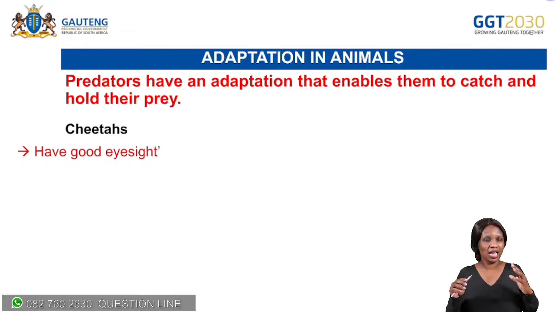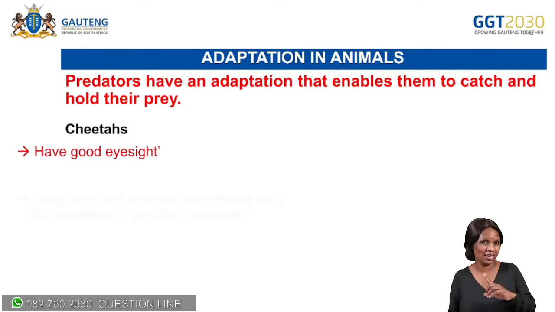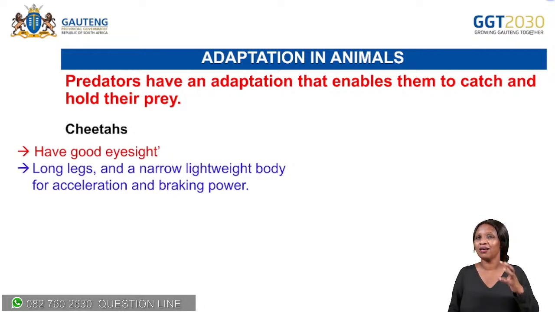And they've got a long tail for braking power, all right? And then they hunt during the day, and then we can see the black spots on its eyes and the black lines. Why? Because they hunt during the day, therefore it needs to protect its eyes against the sun's glare.